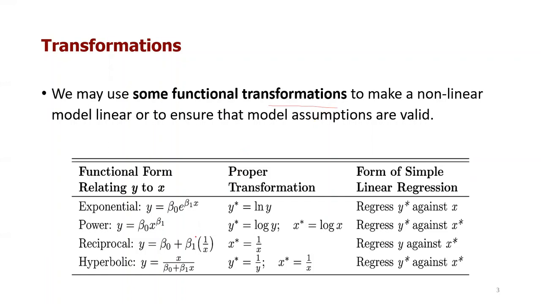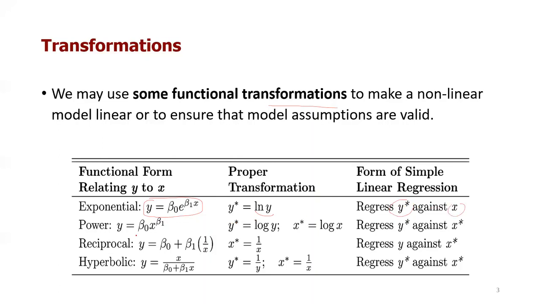For example, if you think that y and x are related through an exponential function, that is, if y is equal to beta 0 times e to the power beta 1 times x, what you can do is take the ln of y and then make a regression, not y against x, but now y star against x.